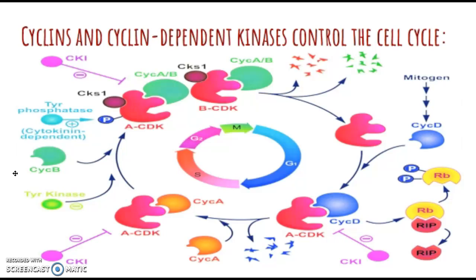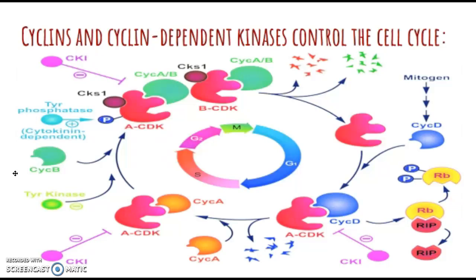Cyclins and cyclin-dependent kinases control the cell cycle. CDKs are a group of protein kinases that regulate the cell cycle. CDKs are also heavily involved in regulating transcription of DNA, mRNA processing, etc. The CDK's purpose is to bind a regulatory protein that is known as cyclin.